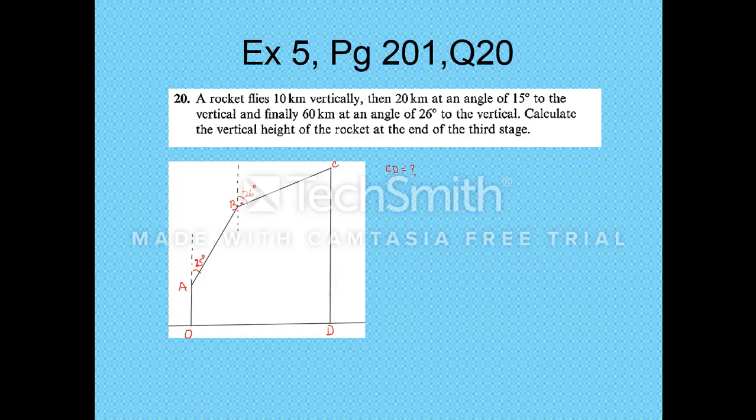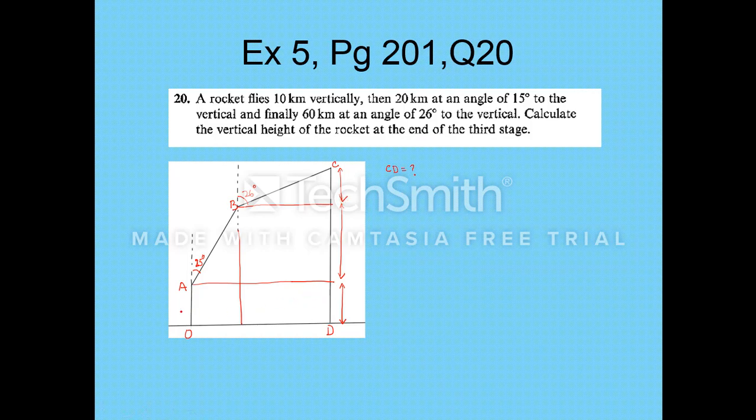Alright, as we've always done, we need to extrapolate the diagram to get right angle triangles so that we can apply trigonometric ratios. Now the final length CD is actually going to be the sum of this plus this and the length this.